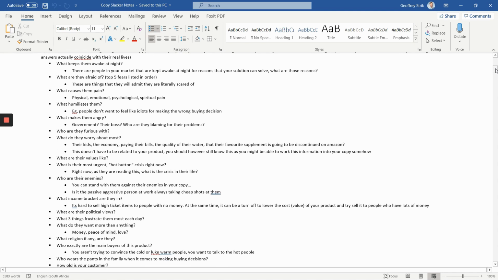What causes them pain? This is a good one. Physical pain is something that'll drive you to make a purchasing decision more than many other motivators. If you have a massive migraine, once again, you're more prone to try and solve that problem right away.